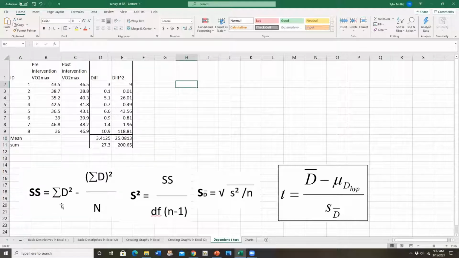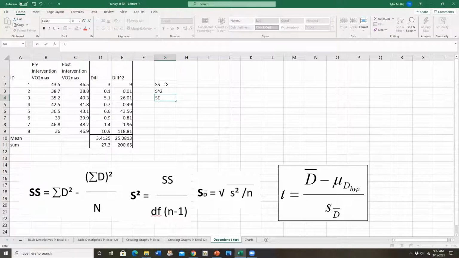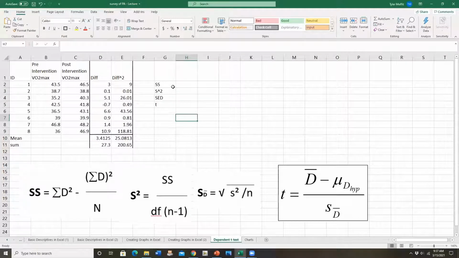So now I'll go through my sum of squares equation. I'll create an equation for my variance, my standard error of the difference, and then my t statistic. How I calculate my sum of squares, we've done this before, but now we're looking just at the difference. So equals the sum of the differences squared, so that would be my data point here.